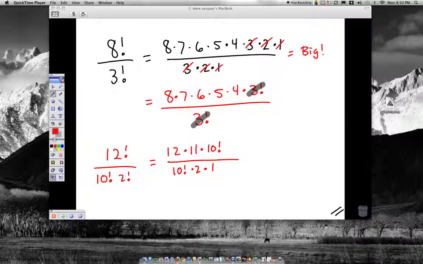There's a nice little shortcut so that instead of writing all the numbers for 10 and then writing them all again on the bottom, I can just say, okay, 10 factorial cancels with 10 factorial. Then I see what I can do with a 12 and a 2. Well, 12 can be 6, 2 can be 1, and I now have 6 times 11, which is 66.